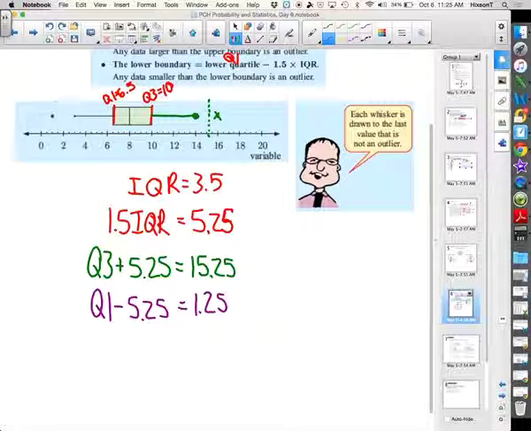So we come down here, here's 2, here's 1, that's 1.5, so 1.25 is right there. And we just missed it. This value right here at 1 is below 1.25, so our minimum value here is also an outlier. And the next highest score in this set of data must have been a 3, so we draw the whisker to the next score that is not an outlier, 3.